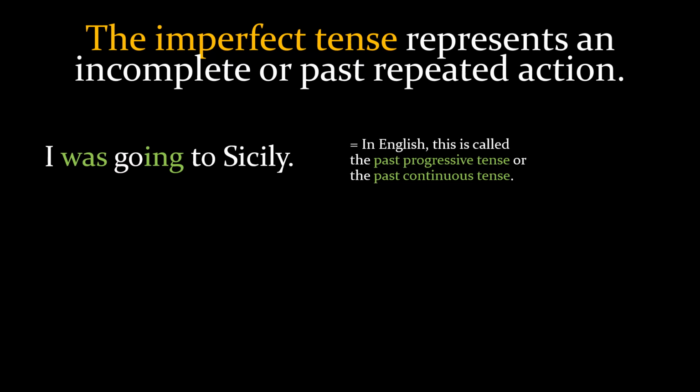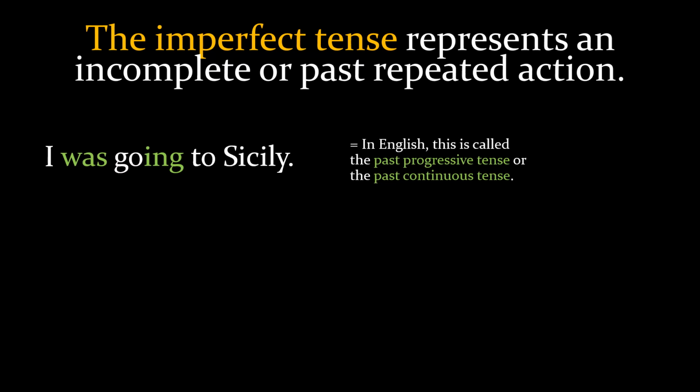This is something that was not finished. Maybe it was interrupted. Maybe it's just something in which the speaker is talking about what they were doing at a specific time. At 5 o'clock yesterday, I was eating. When you called me last night, I was sleeping. This is the imperfect tense.